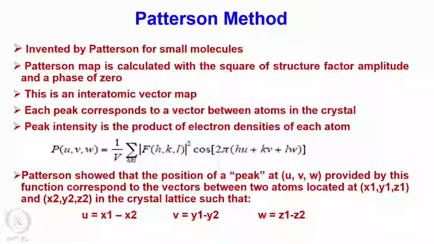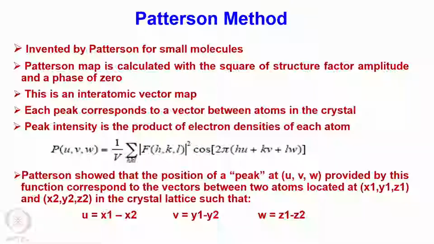This is an interatomic vector map that we will generate, and in this each peak corresponds to a vector between two atoms in the lattice. So, we will also have the self vectors coming at the origin. The peak intensity is defined as the product of electron densities of each atom.